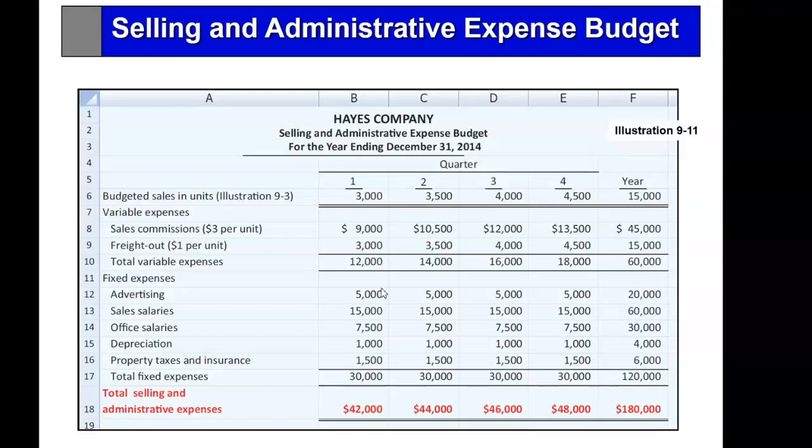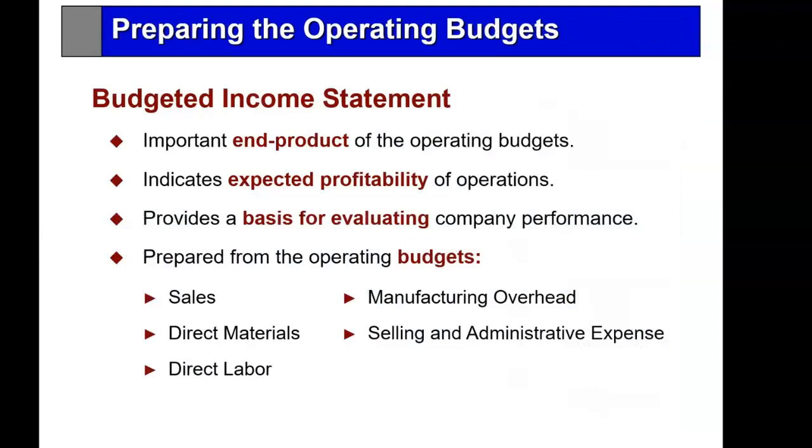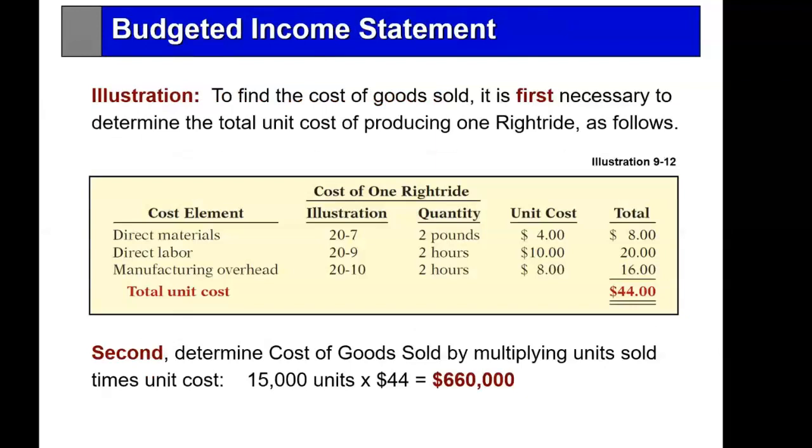So now you see, I have my sales budget, my production budget, my direct material budget, direct labor, and overhead budget, selling and admin, and I can do an income statement. And I project that income statement, all right? And I estimate what my profitability would be. And so for the cost of goods sold, it is necessary to determine how much.